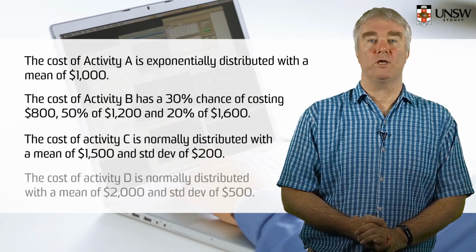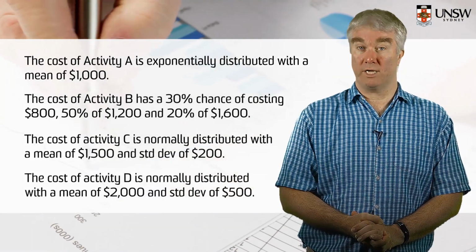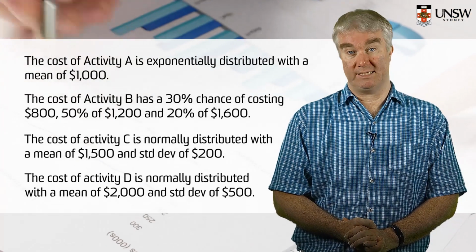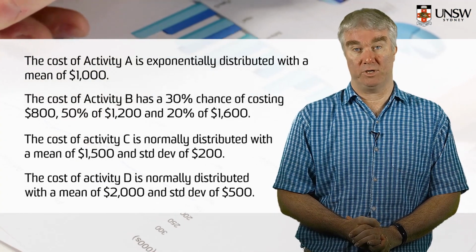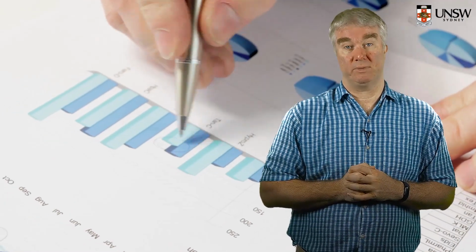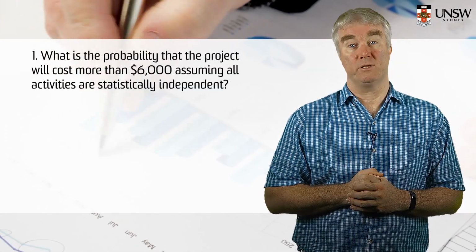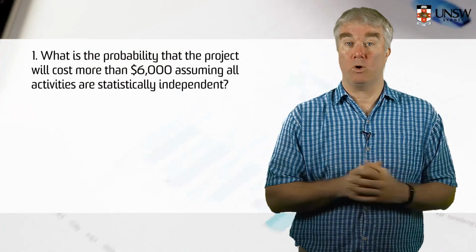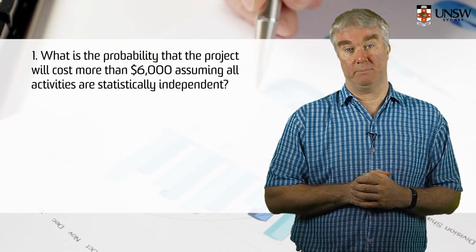$200, while the cost of activity D is also normally distributed, but with a mean of $2,000 and a standard deviation of $500. Based on this and using a Monte Carlo simulation, please determine what is the probability that the project will cost more than $6,000, assuming all activities are statistically independent.